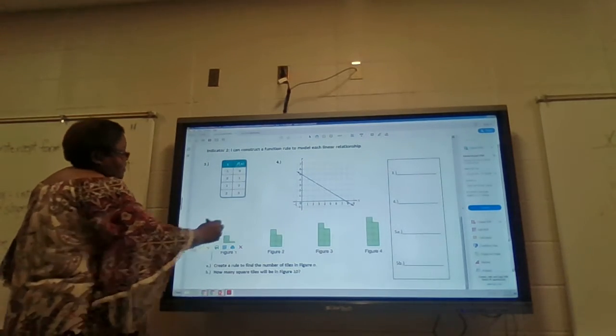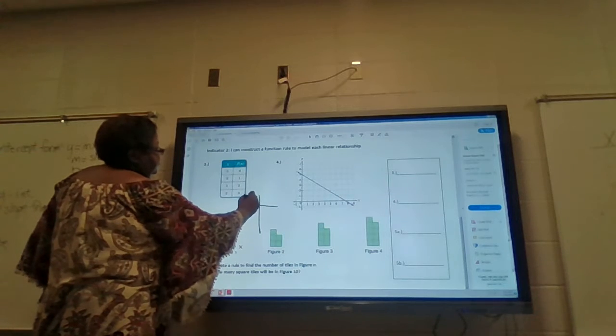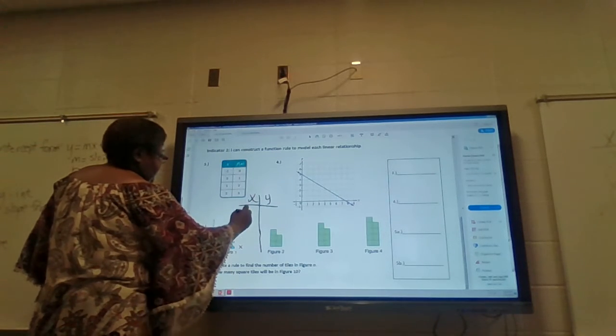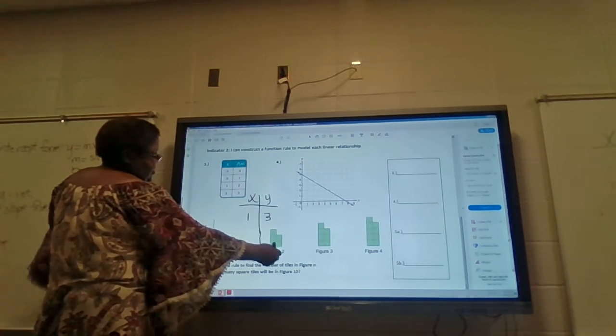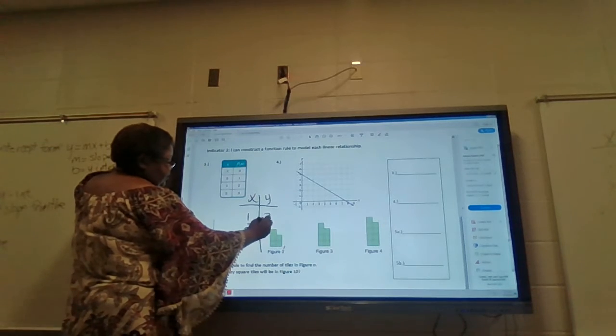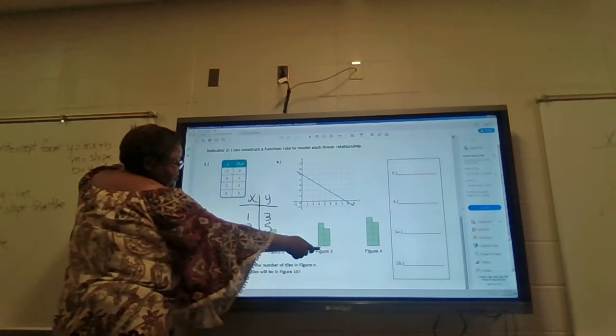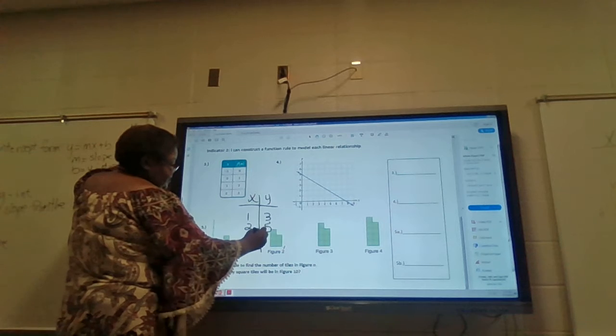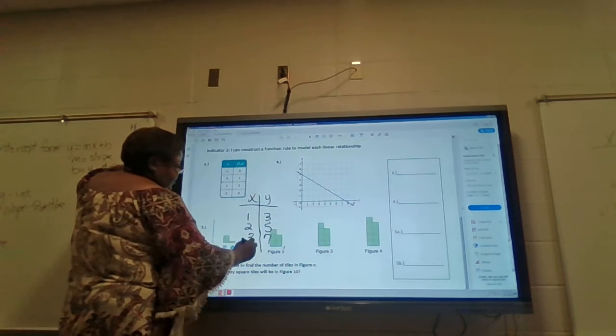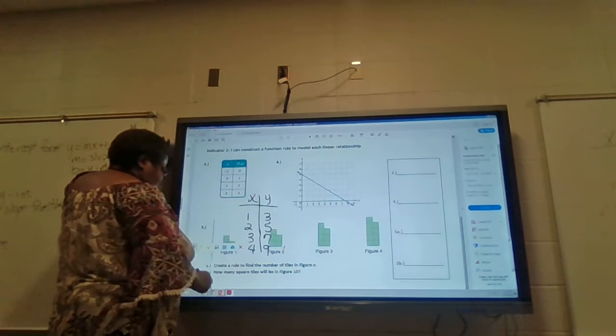So the first thing I need is a table. So when x is equal to 1, I have 3 blocks. When x is equal to 2, 1, 2, 3, 4, 5. When x is equal to 3, 4, 5, 6, 7. And then when x is equal to 4, I have 9 blocks.